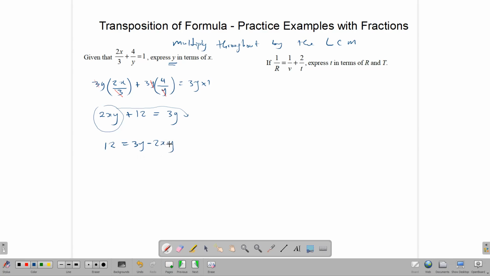Having done that now, we notice that we have our y's on the same side. We can factor out our y. So let's factor out y. So 12 is equal to y, open bracket, 3y divided by y gives us 3, and minus 2xy divided by y gives us minus 2x. Once we're here now, we can simply divide by our bracket.